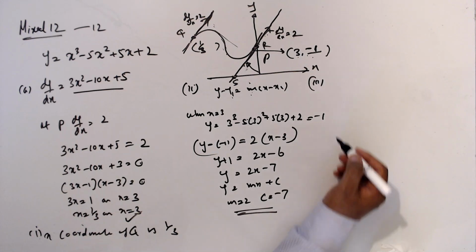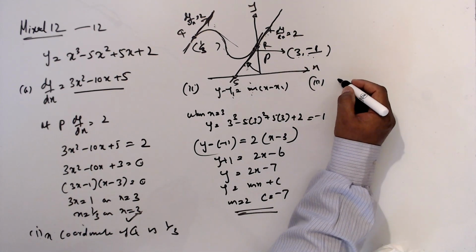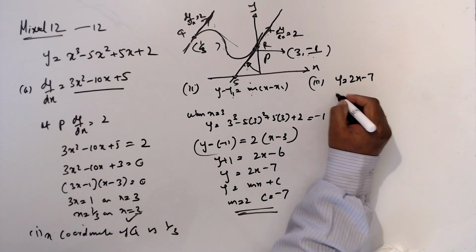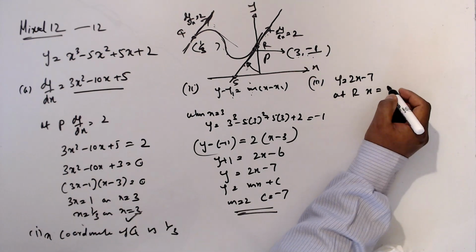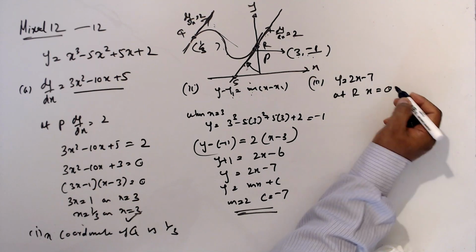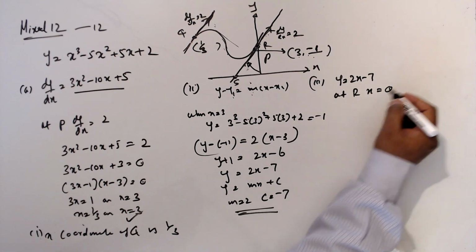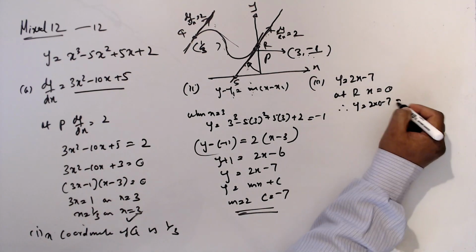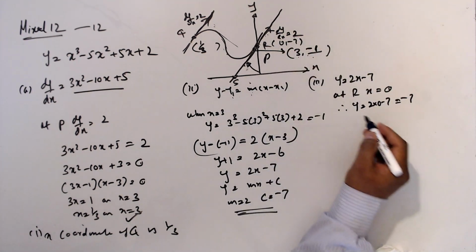We have the equation y equals 2x minus 7. At R, the x value is 0. When x is 0, y is 2 times 0 minus 7, which is minus 7. So R is (0, minus 7).